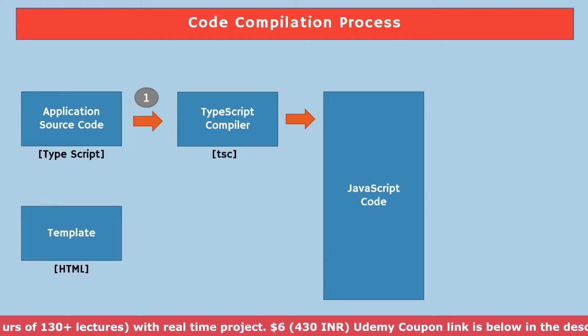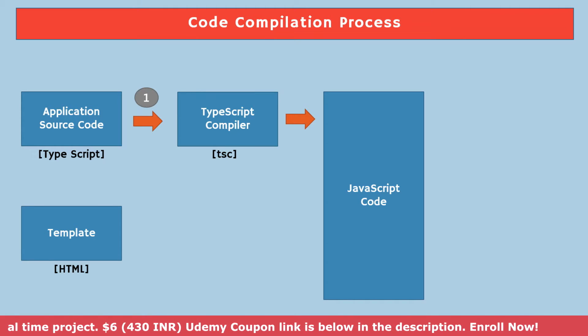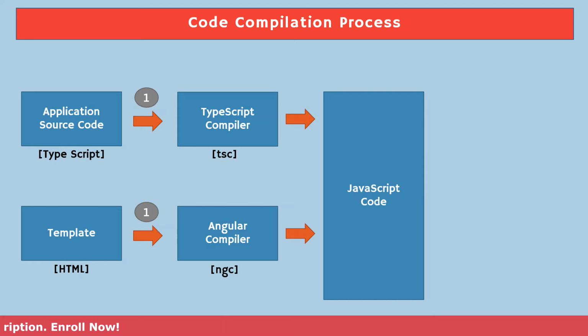The next one is template. The developer writes the design logic, that is HTML logic, in the template. Instead of executing the HTML logic directly in the browser, the Angular compiler first converts the HTML logic into JavaScript code. And then the browser executes the JavaScript code to generate DOM elements. Thus, the output appears in the browser.